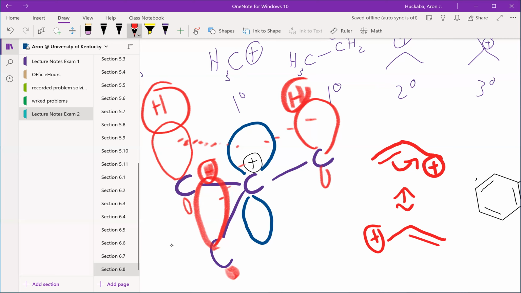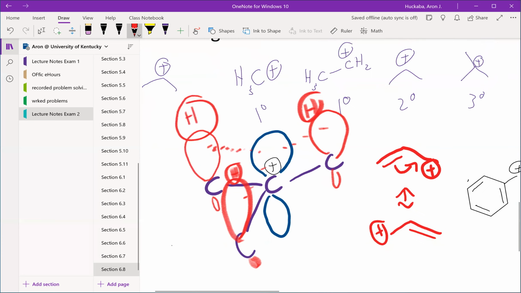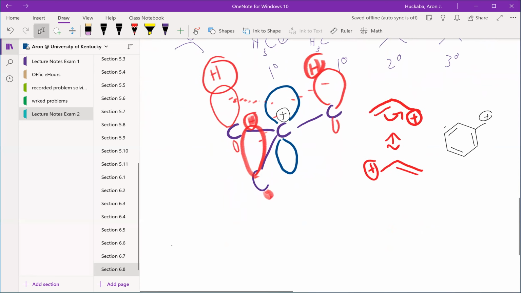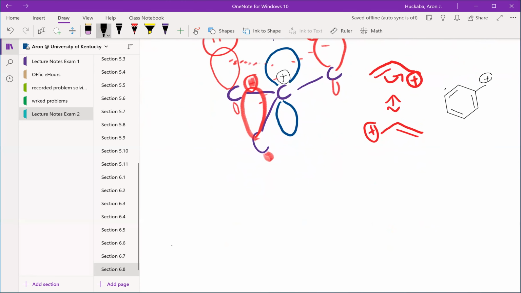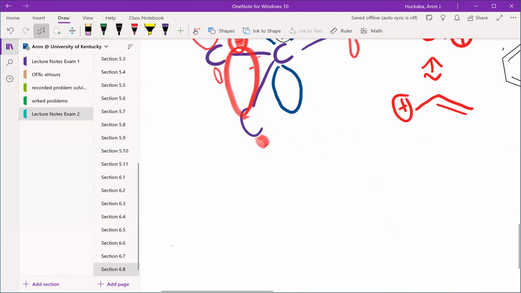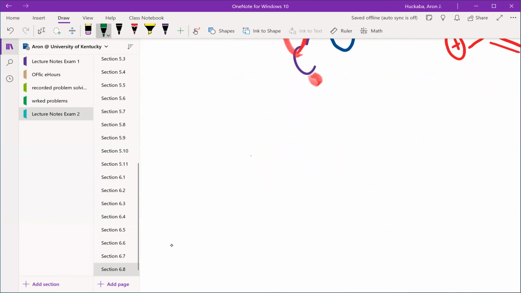Okay, so now we're actually getting into what rearrangements are and why they happen. And this is where it's about to get weird. Because let's say you had a molecule like this, and a full positive on this carbon. I'm drawing each carbon very intentionally.